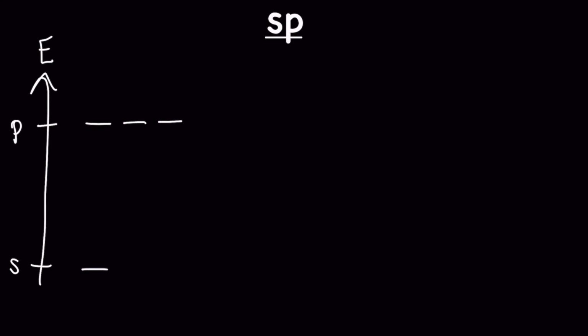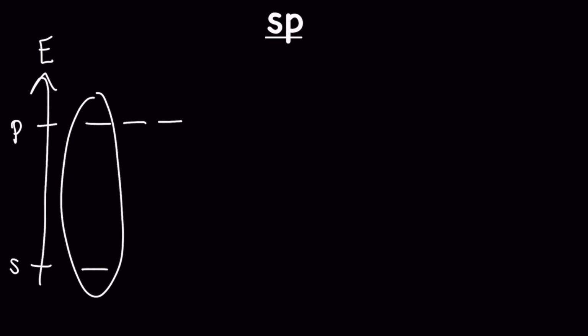And finally, what about for sp orbitals? Again, we're going to start by drawing our generic energy diagram as always. Never changes. 1 s orbital to 3 p orbitals. But how many s orbitals and how many p orbitals do you think I should mix this time? Well, as the title suggests, we're going to mix 1 s orbital with 1 p orbital.